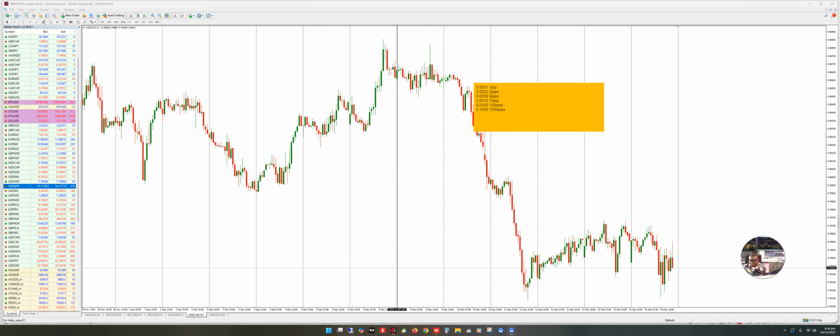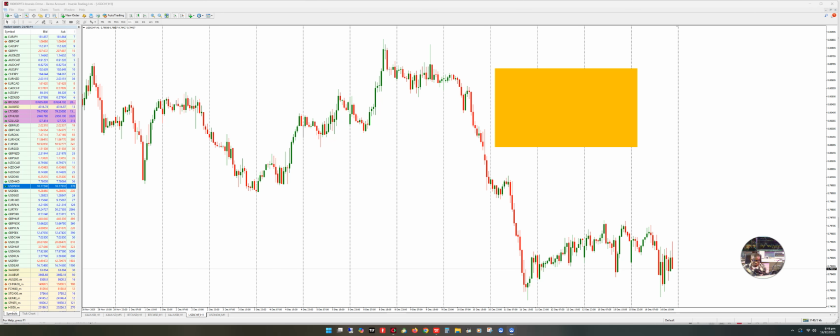We'll go to a bigger time frame, and if we want to subtract 0.809 from, let's say, this level, 0.8, we'll be having 0.09, which is about 90 pips. That is how you calculate your pips manually.